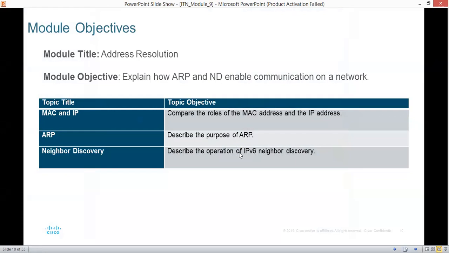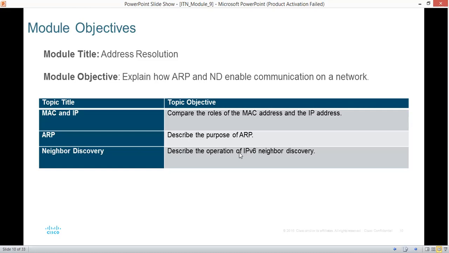If you recall, we said that for every communication to be established within computer networks, there must be a MAC address and an IP address. And we said once the MAC address has to resolve the destination IP address, it must do that through neighbor discovery. That's for IPv6.